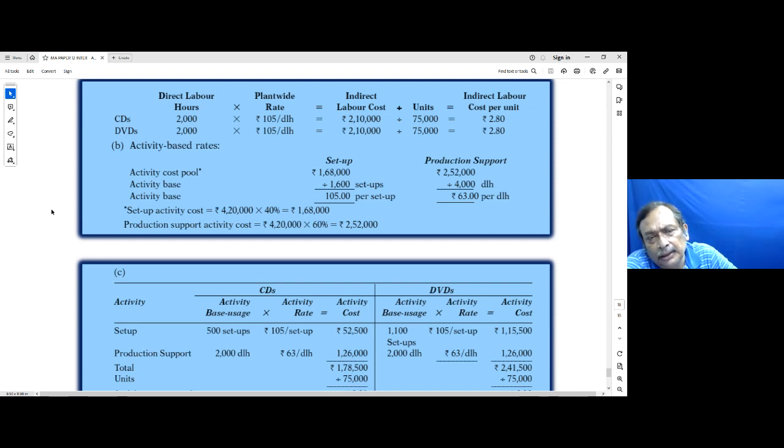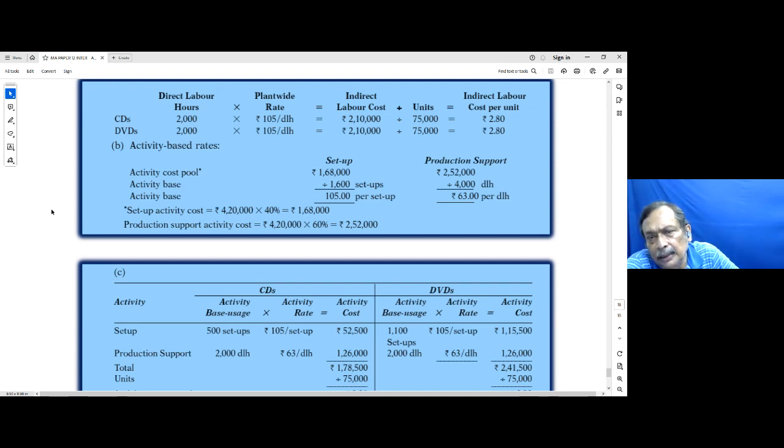Setup activity cost is 4,20,000 multiplied by 40%, which is 1,68,000, and production support activity cost is 4,20,000 into 60%, which comes to 2,52,000. So we have jotted down the activity cost pools: setup cost is 1,68,000 and production support is 2,52,000.